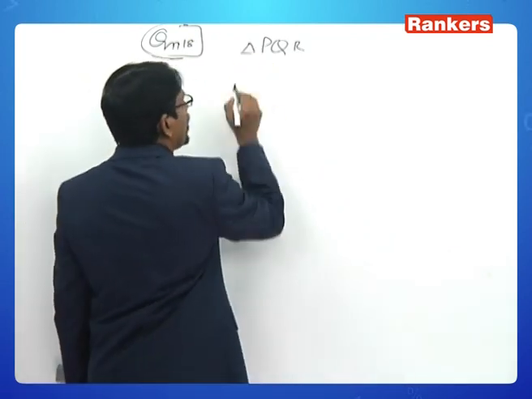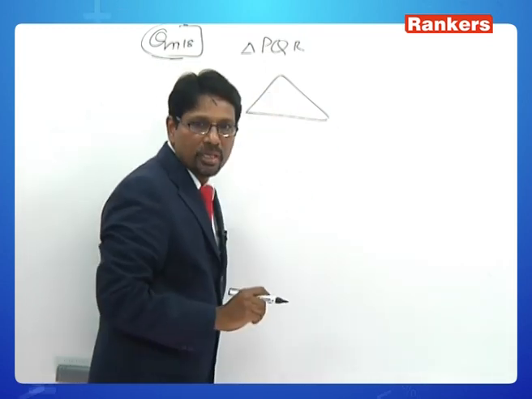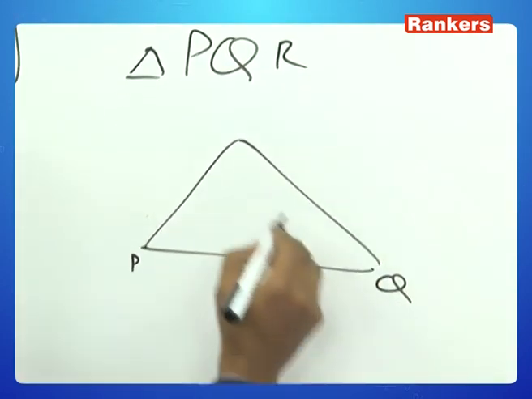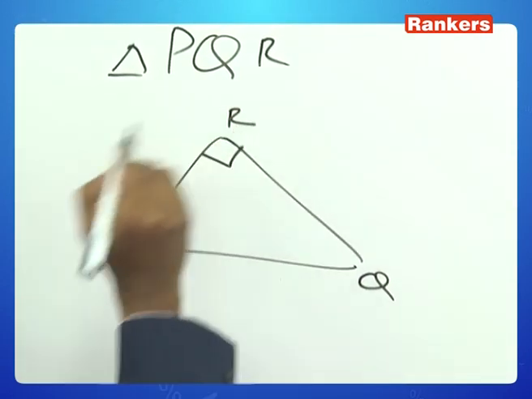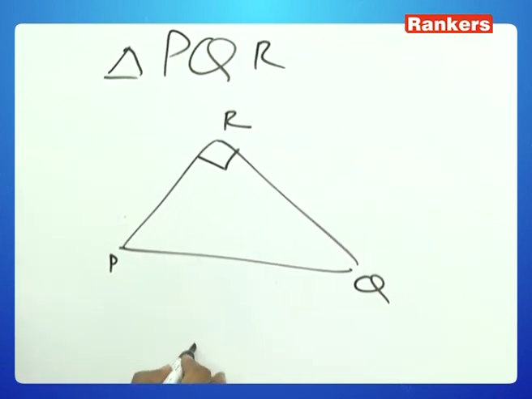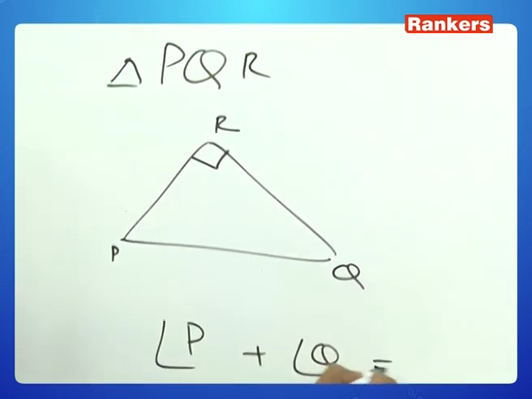We have a triangle PQR, and the angle R is 90. So angle P plus angle Q will also be 90.